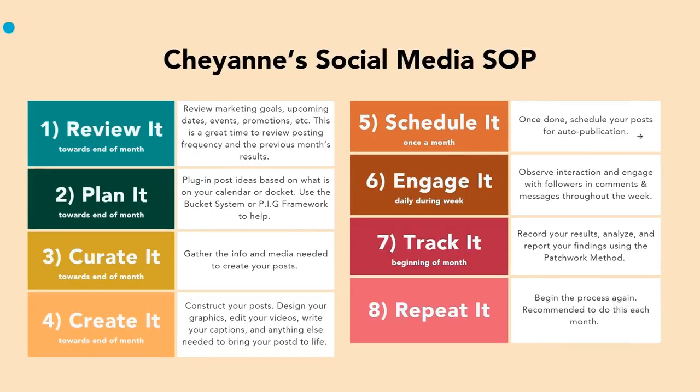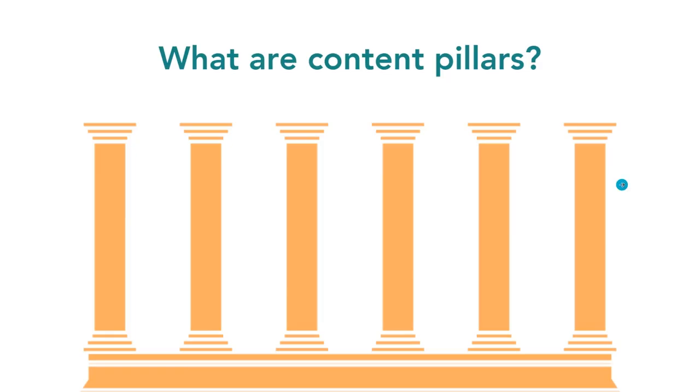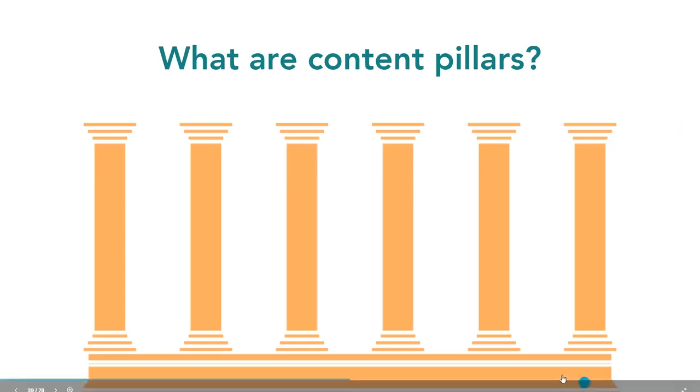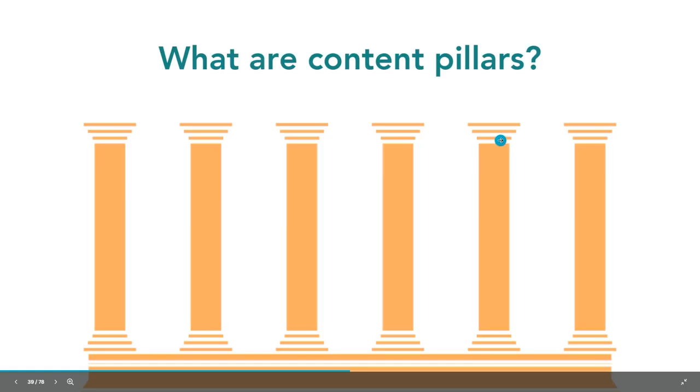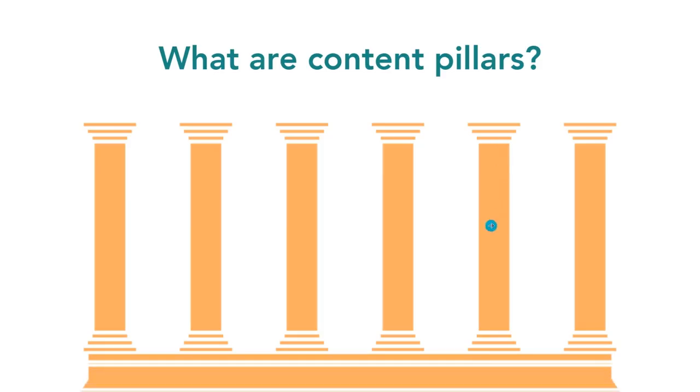And we'll go back over here to the presentation. If you haven't heard of content pillars before, basically content pillars give us a structure on what we need to be posting. So these are basically categories of what we need to be posting.